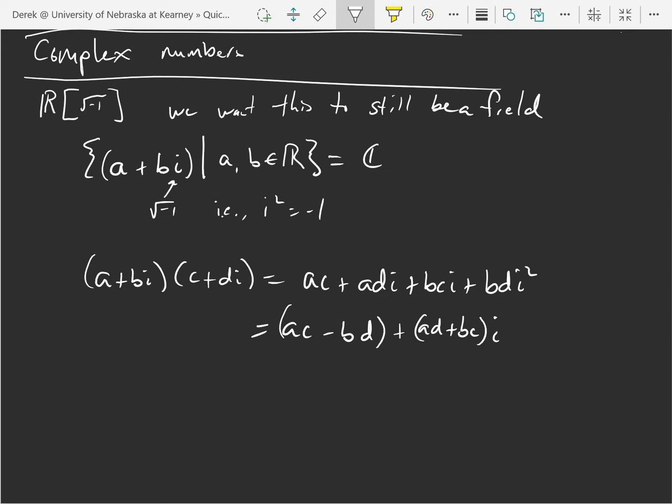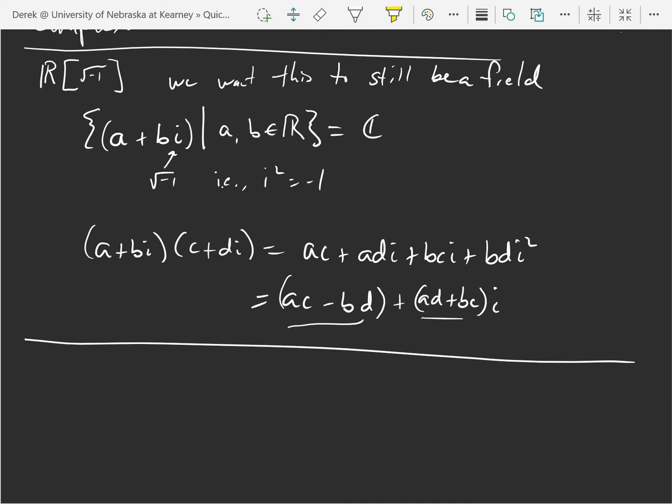Okay. And these things are again real numbers, so multiplication is closed, and we can show all of our field axioms for this set. Okay, so this is a nice algebraic way to define the complex numbers.